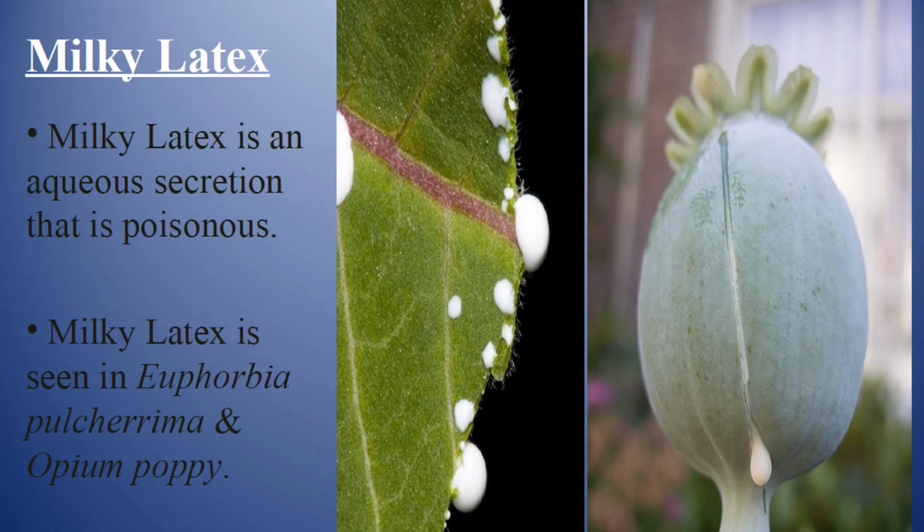Some plants have the ability to produce latex, which is a milky substance secreted by the plant when insects or different grazing animals start feeding on them. The purpose of latex production is to seal the wound or to entomb or capture the feeding insects.